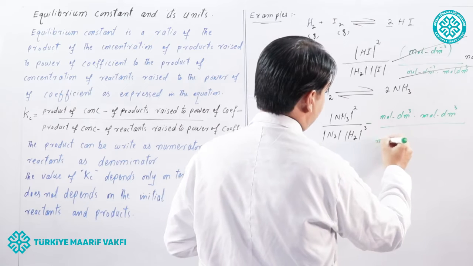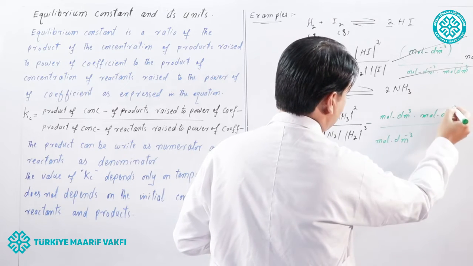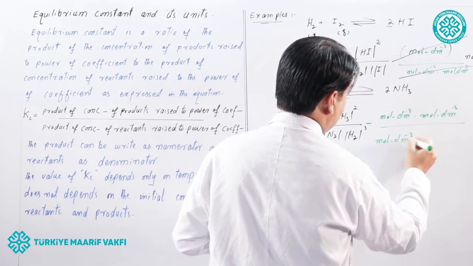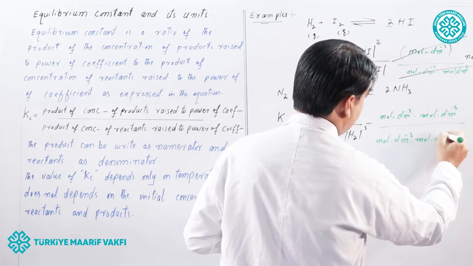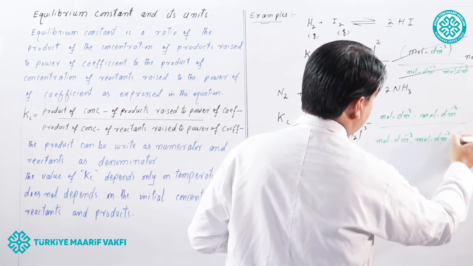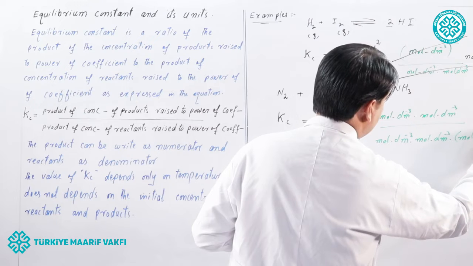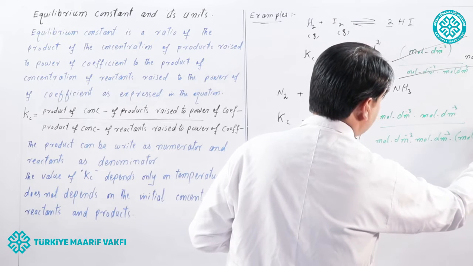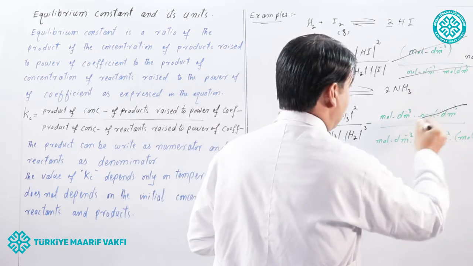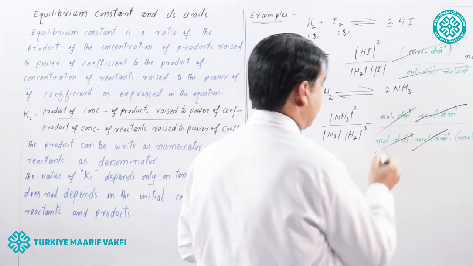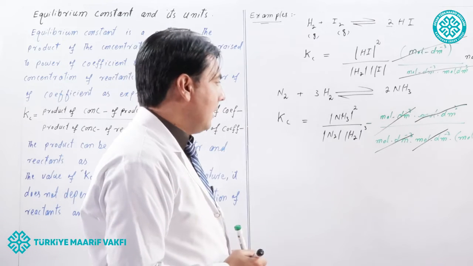Similarly, mole per decimeter cube multiplied by mole per decimeter cube multiplied by mole per dm cube whole square. So this can be cancelled out with this one, mole for this. Now what will be the unit of Kc in terms of this equation?